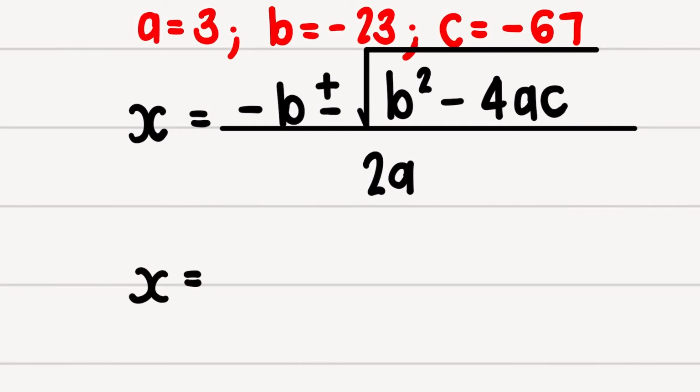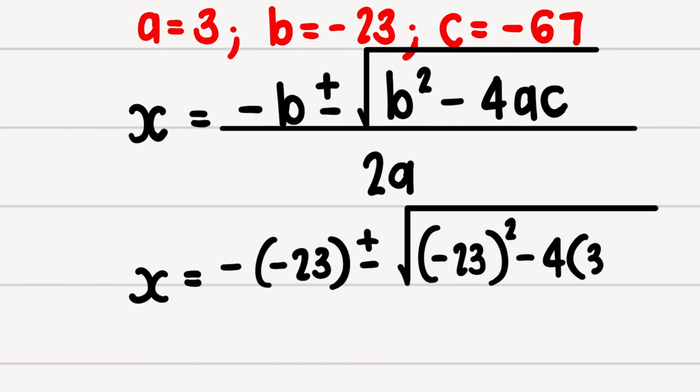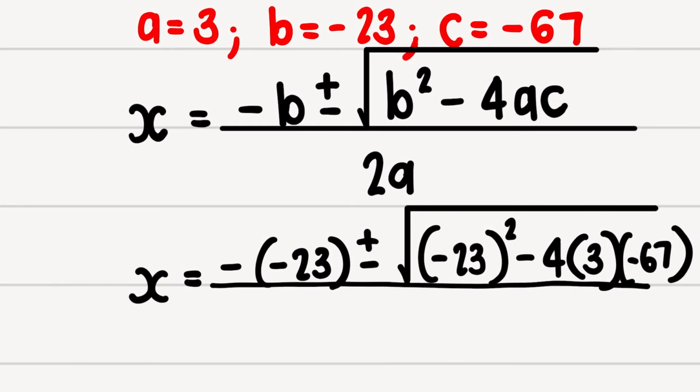So x is equal to negative b, which is negative, don't forget your brackets, negative, because that's actually going to become a positive, plus minus the square root of b squared, so b is negative 23, so negative 23 squared, minus 4 times a is 3, times c, which is negative 67, all divided by 2 times a, so that's 2 times 3.